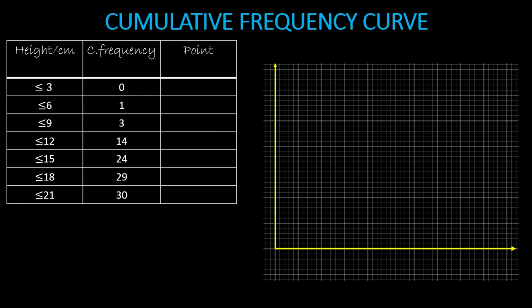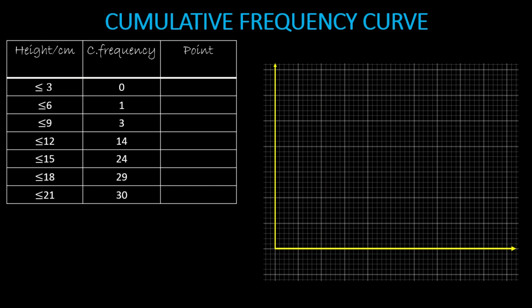now we have to write down the coordinates of the points to be able to plot them and draw the CF curve, right? So I have drawn the CF table again for you. We have the height, then we have obtained the cumulative frequency. Now we write it down in terms of coordinates.